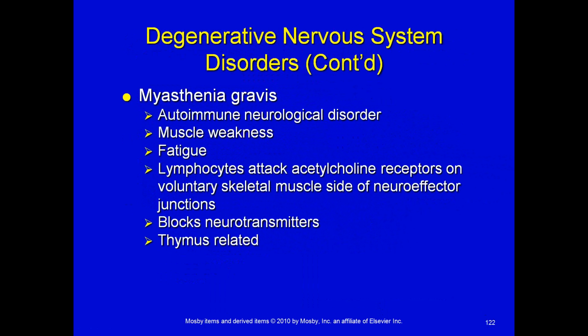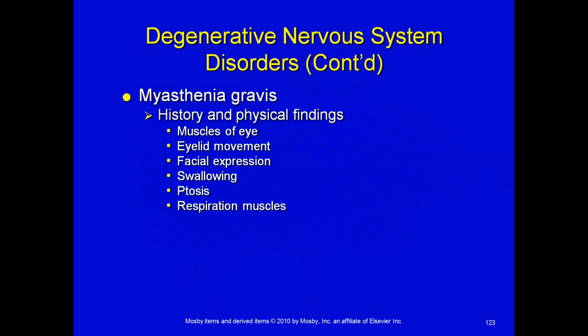They may start out in the morning with full muscle strength, everything's good to go, but as the day wears on, they get weaker and weaker, and have to rest in order to recharge. Myasthenia gravis may affect the muscles of the eyes, the eyelid, facial expressions, with drooping, ptosis, and respiratory muscle weakness.